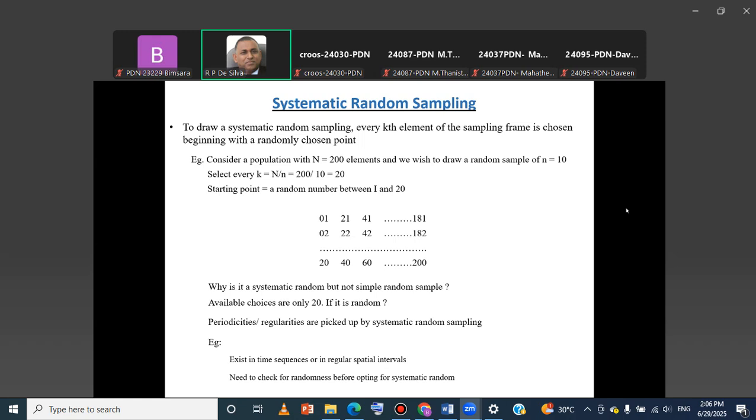Right? In remote sensing also you learn, you have a total area, but then for accuracy assessment, you take samples and assess the accuracy of the classification.